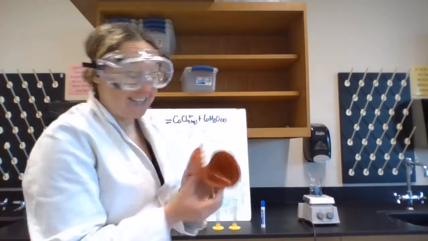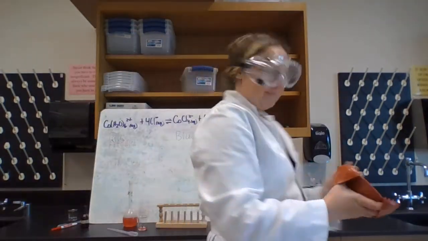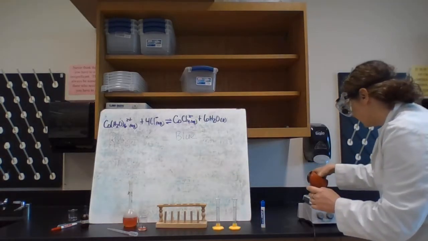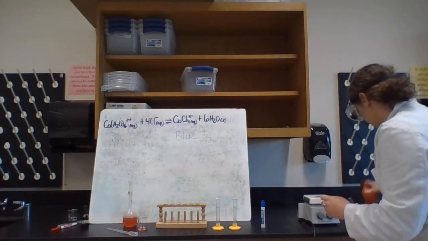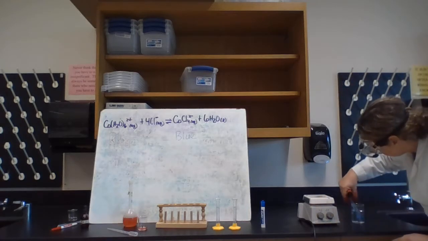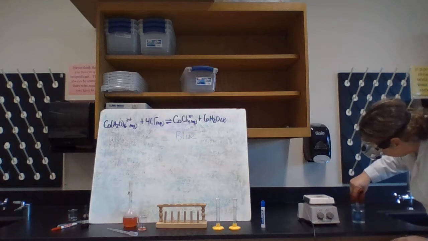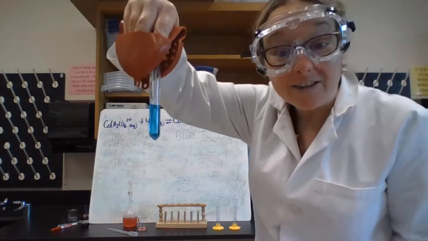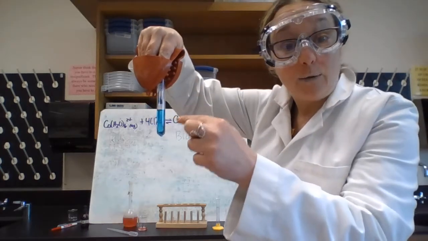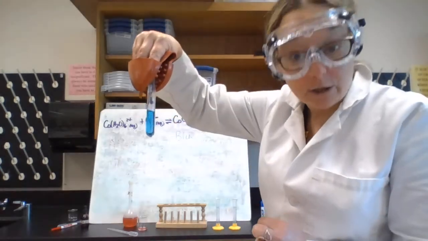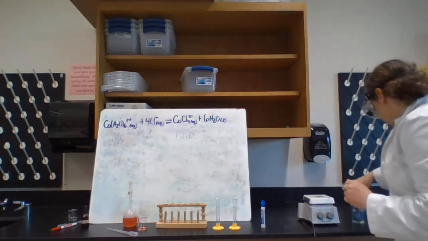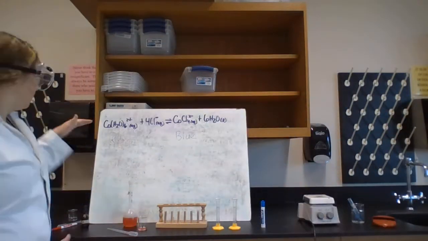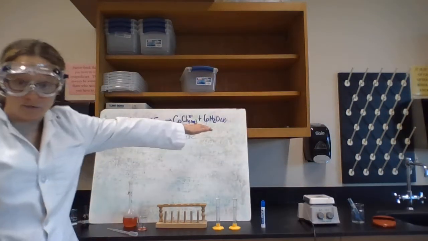Okay, so I have my hot hands. And what color did this one turn? It went from red back to blue. All right, so we saw a shift back to the right.